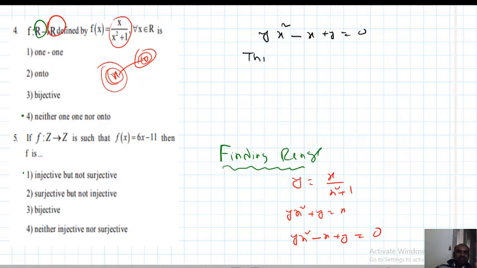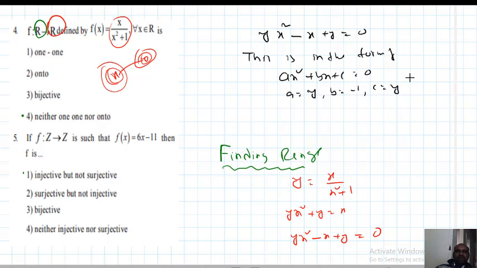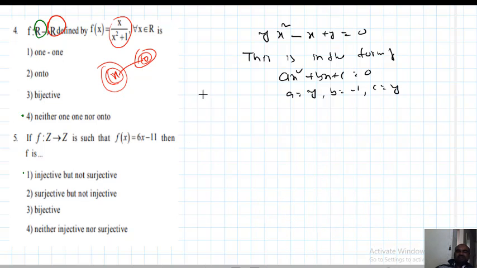This is in the form of a x square plus b x plus c equals 0. Here a means y, b means minus 1, c means y. You know how to find x as the subject: x equals minus b plus or minus root over b square minus 4ac, by 2a.